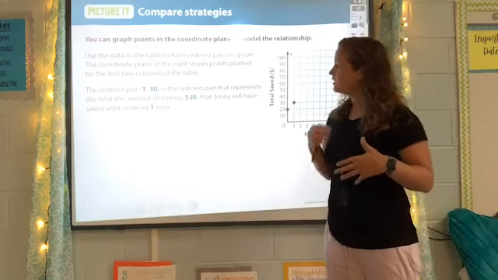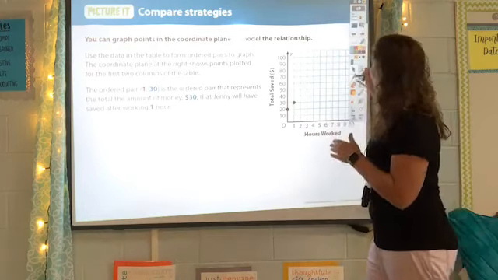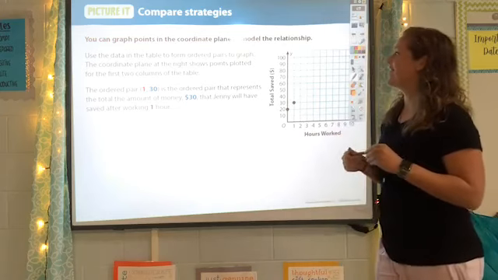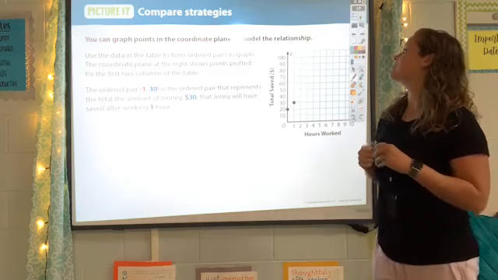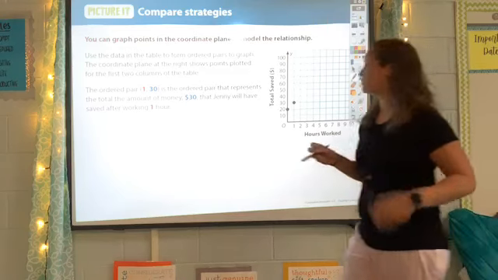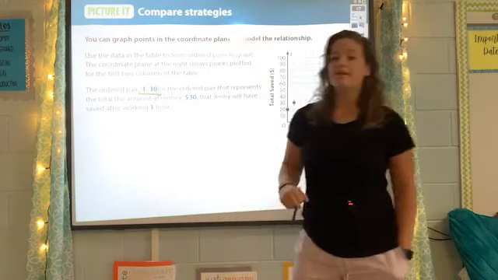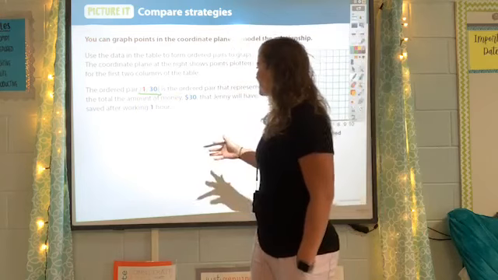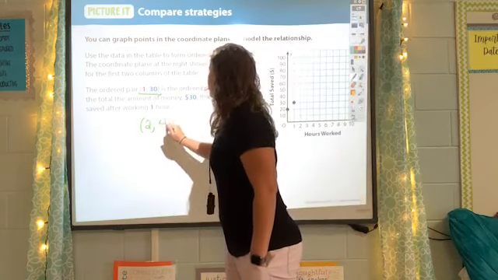So, looking at this, it's going to show us a little bit more on how to graph it. Use the data in the table from the ordered pairs to graph the coordinate plane at the right. Show points plotted for the first two columns. Just like in our first one, we had this graph, and it gave us the ordered pair (1, 30). Our next ordered pair was (2, 40).